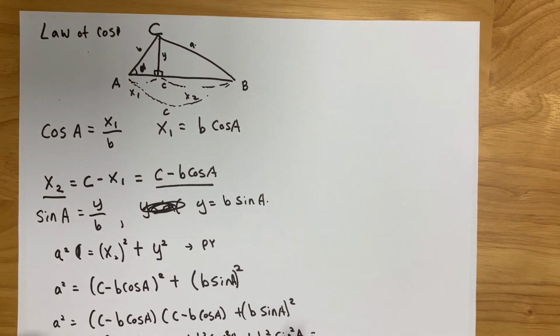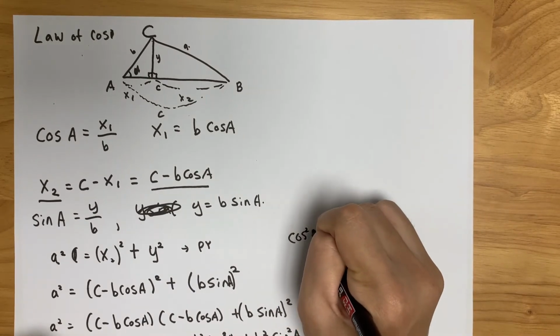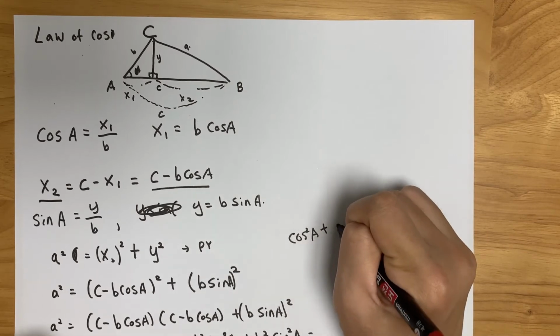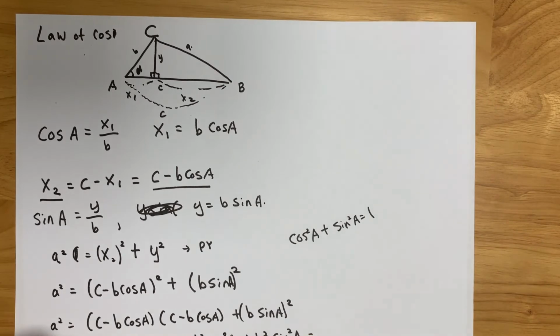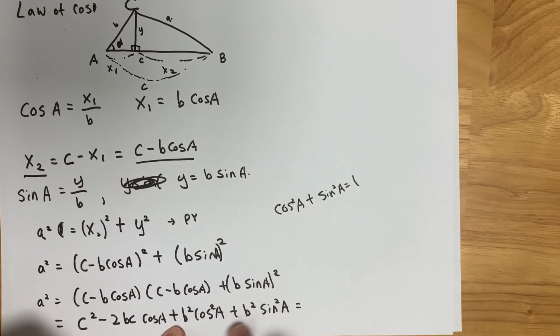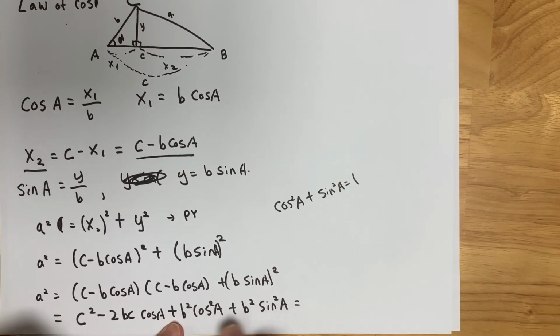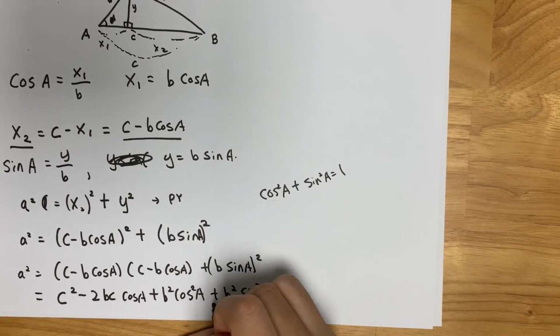I want you to see that, you know this, remember this, cosine squared A plus sine squared of A equals 1? You can factor this out, right? You can factor this out. Can you see this part? Then we can use this fact.